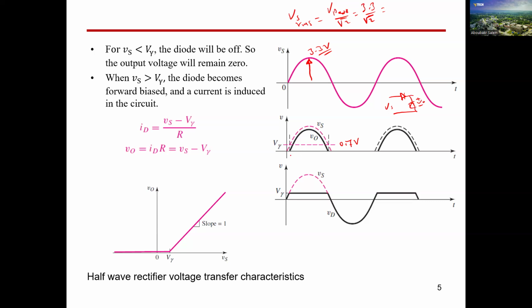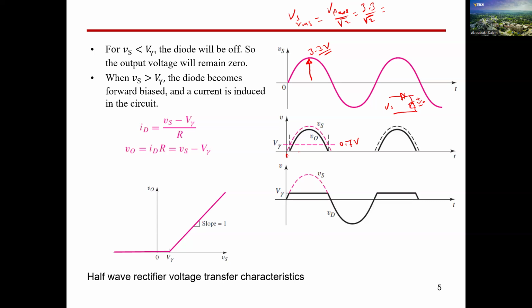So as you can see here, guys, if this is V gamma, during the period from 0 time to this instant, the diode will not be on. The diode is off, and if the diode is off, this means V out should be 0. During this period, you don't have any output.